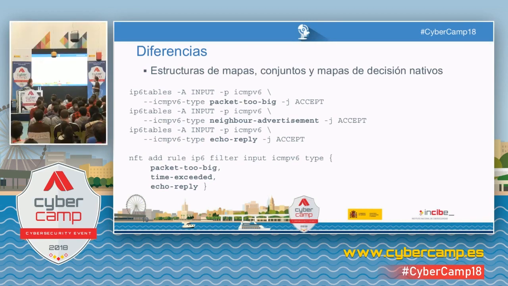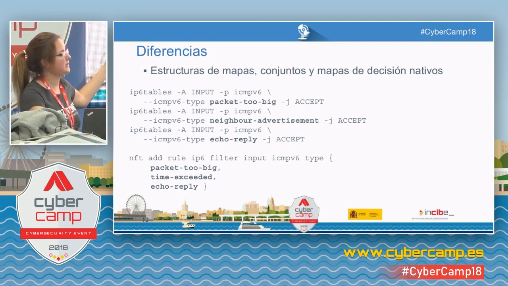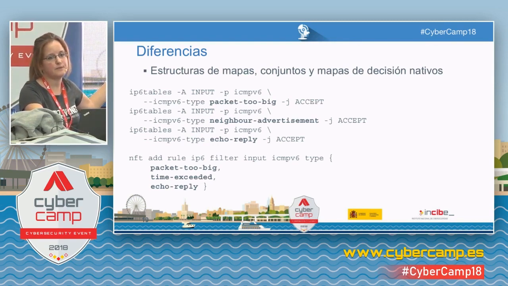Here you have an example of sets, but actually for the maps we can type key value, and so we can have a destination IP depending on the source IP of a different element.